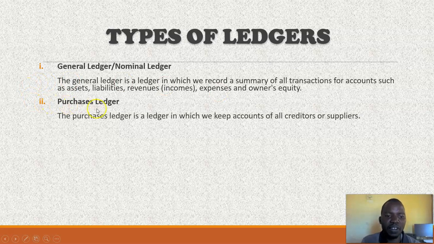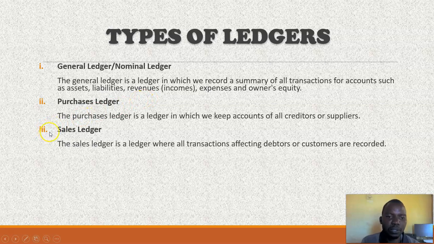The second type of ledger, purchase ledger. The purchase ledger is a ledger in which we keep accounts of all creditors or suppliers. The third one, sales ledger. The sales ledger is a ledger where all transactions affecting the debtors or customers are recorded.